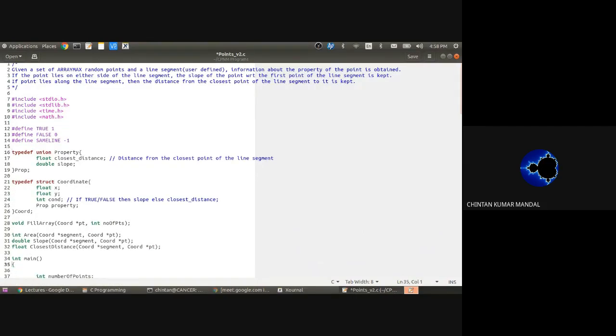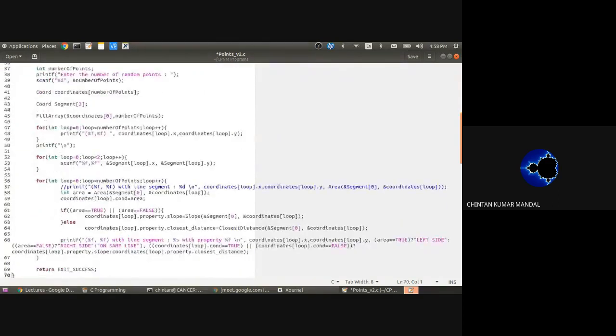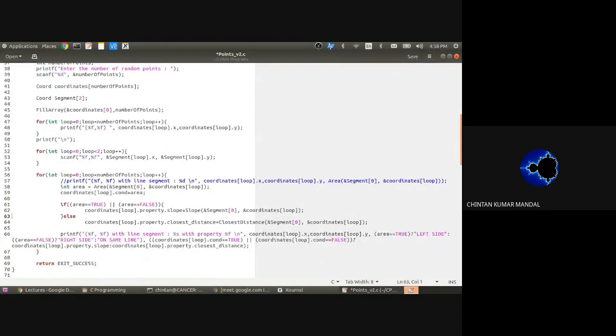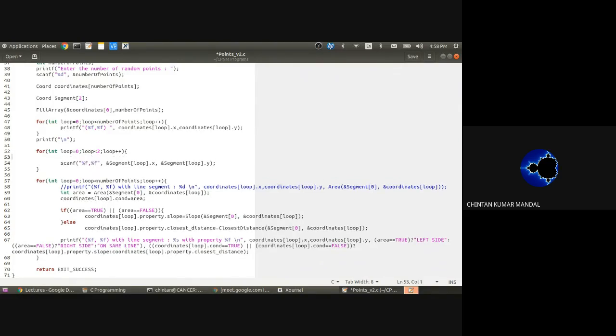So let's make it a little bit more informative. printf: enter the point %d of line segment.